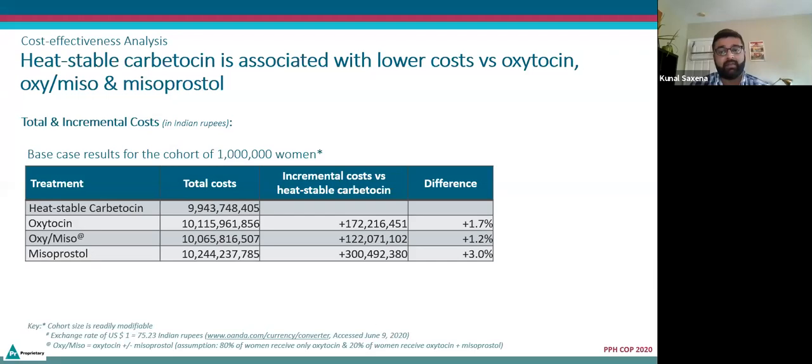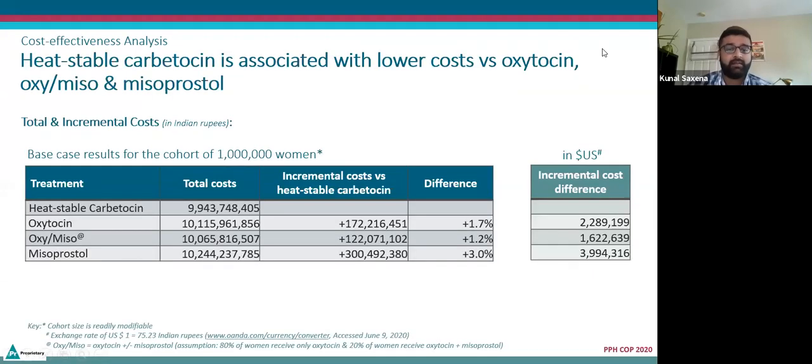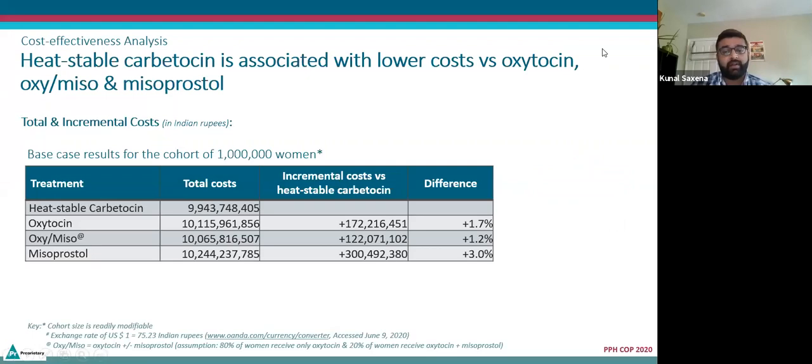And then finally, the difference is reflected in a percentage amount. So as we could see, the difference, can you go back, Jeff? Yeah. As you could see, the difference ranged from 1.2% to 3% higher cost associated with oxytocin, oxy-meso, and misoprostol compared to heat-stable carbetocin.